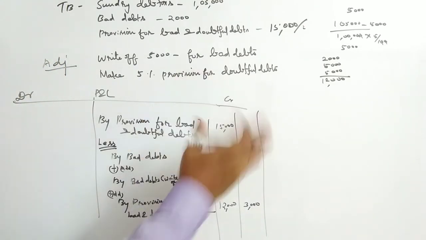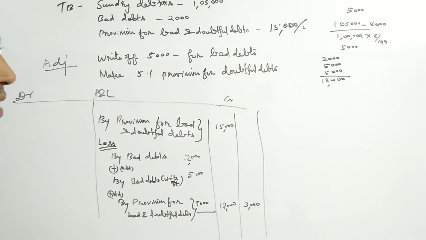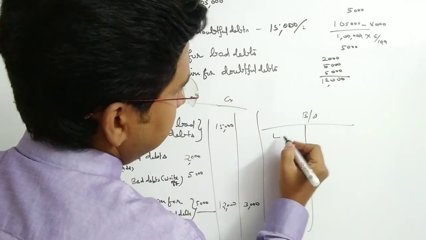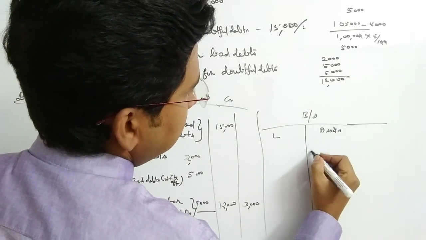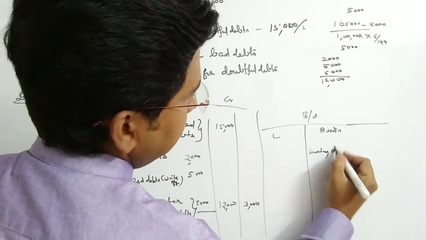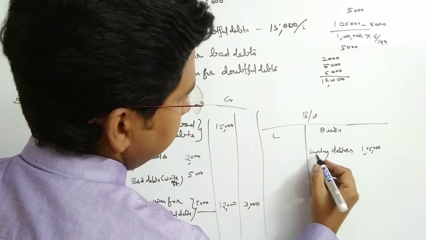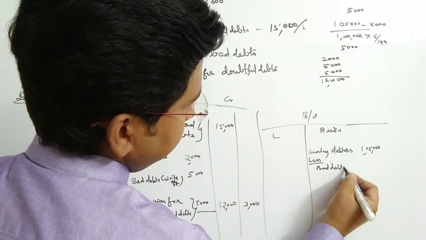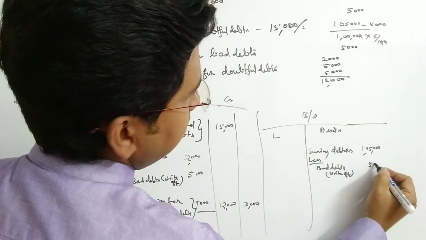This is the only difference, since the trial balance provision is higher. Other than that, the balance sheet treatment is going to be the same. Let me do it. This is the liability side and this is the asset side. I am doing it shortly. Sundry debtors, how much? 1,05,000, less bad debts write-off, 5,000.